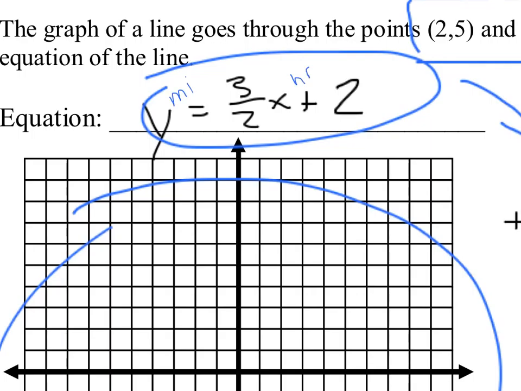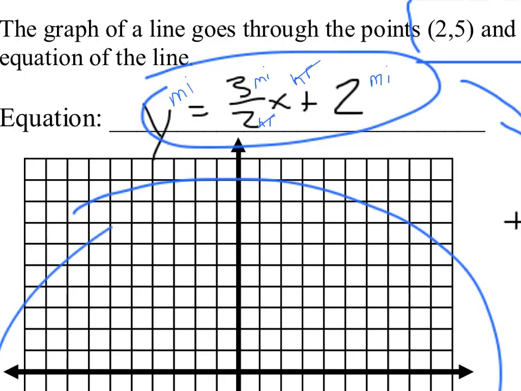So it's kind of like a speed here. What that tells me is that if my units are going to line up correctly, this needs to be hours on my rate and miles on my rate. And then if those things are going to add up, this should be 2 miles already.